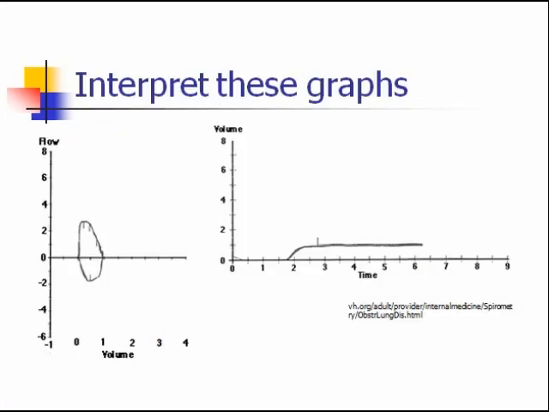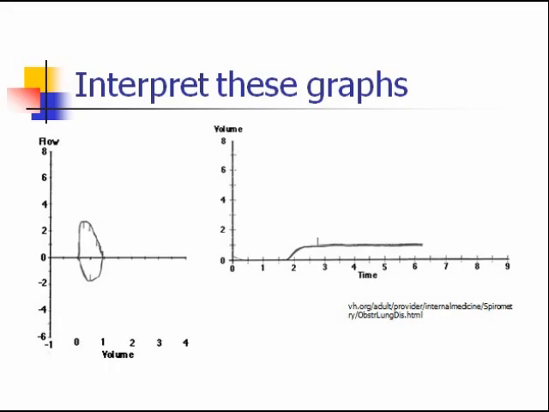So let's interpret a pulmonary function. This is a graph of the pulmonary function that we're going to be evaluating. What does this loop look like? If you think back to the images of those red loops, this gives you the feeling that you're probably going to see a restrictive problem in the data.